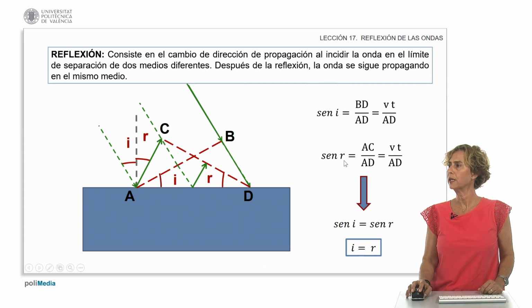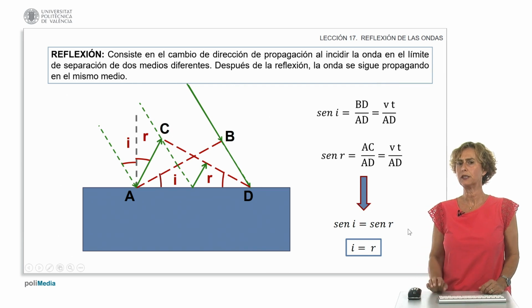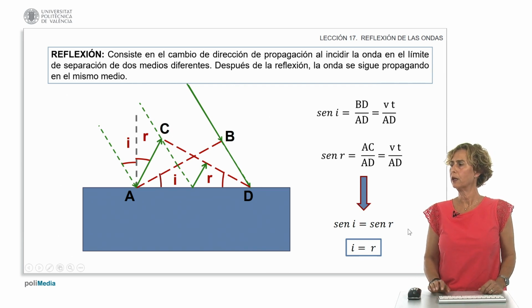And therefore the sine of R will be AC divided by AD, equal to VT divided by AD. If we compare the sine of I with the sine of R, this term is equal to this, and therefore the sine of angle I is equal to the sine of angle R, which leads us to the angle of incidence is equal to the angle of reflection.